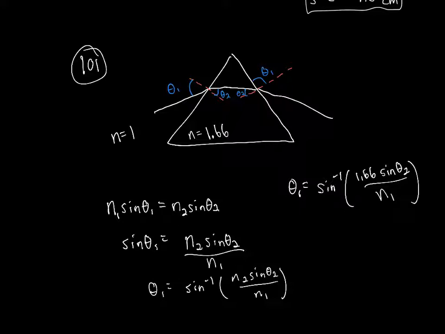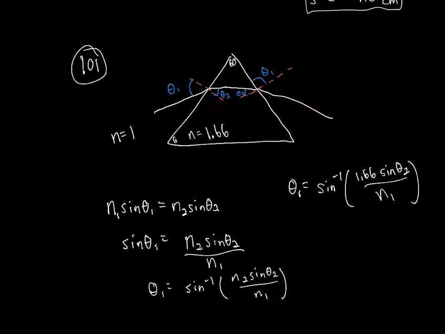Do I know what theta 2 is? Do I know that angle? I do. I have to go back to high school, and I have to do some geometry. So they told us this angle is 60 degrees.